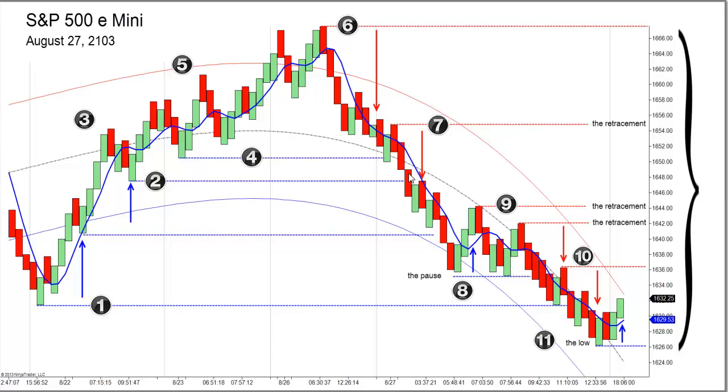The selling pressure continued in the overnight session, and by the time the U.S. markets opened, the S&P had auctioned back down at or near Thursday's low. There was a minor retracement up to 1644, and the market auctioned back down and retested the low a second time. The second pullback resulted in the S&P trading up to 1642.